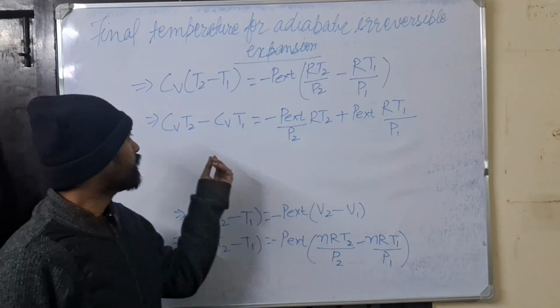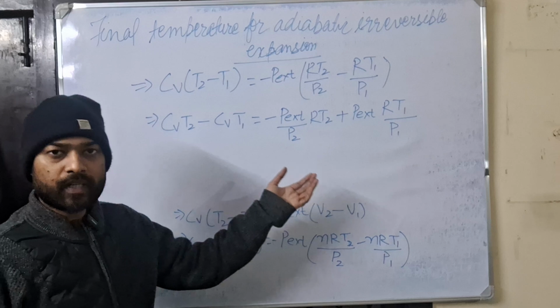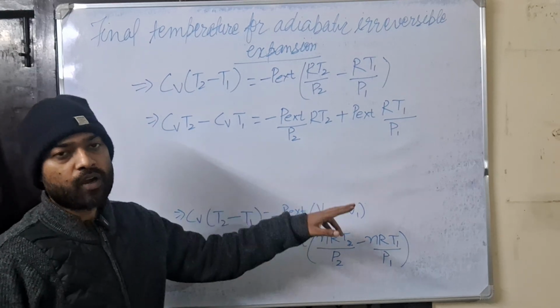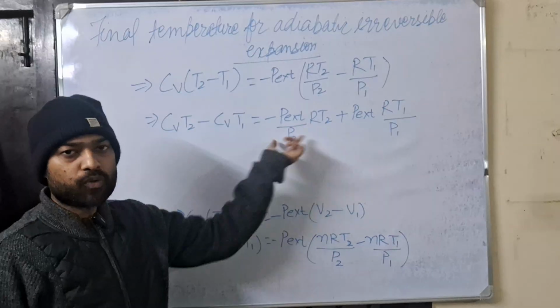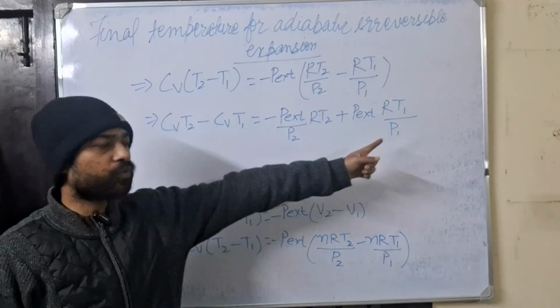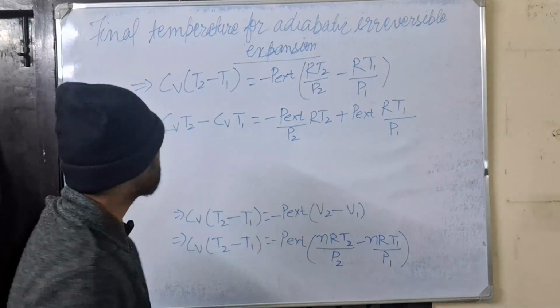Now what we are going to do is take the terms of T2 on one side and T1 on the other side. So we will move this term to the left hand side and this term to the right hand side. Let us see what happens.